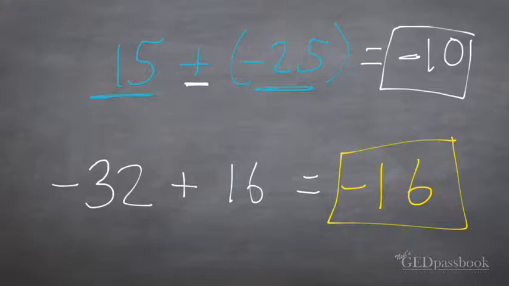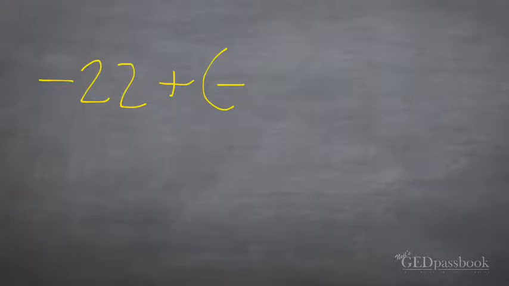Let me throw another one up. Little pop quiz. Negative 22 plus negative 12. So, you're adding, right?